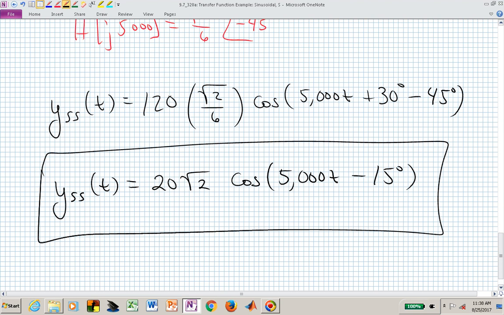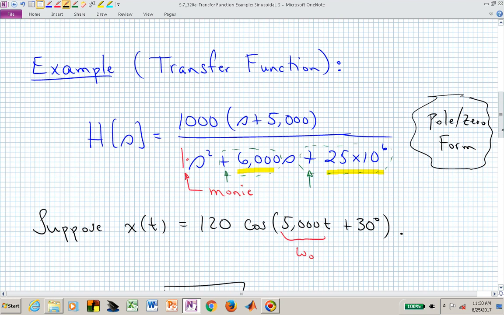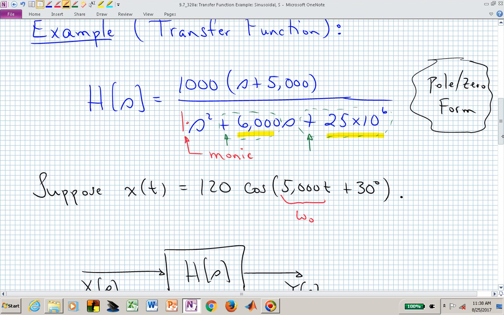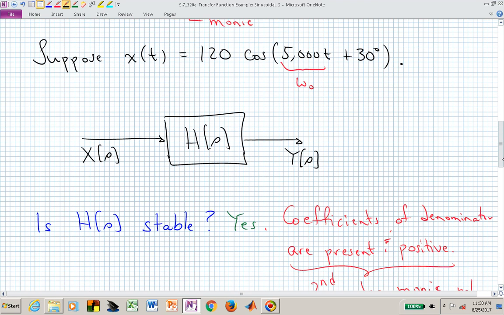That's now our sinusoidal steady state output based on exciting the system with a gain of 120, or an amplitude of 120, a frequency of omega 5000 radians per second, an offset phase shift of 30 degrees.